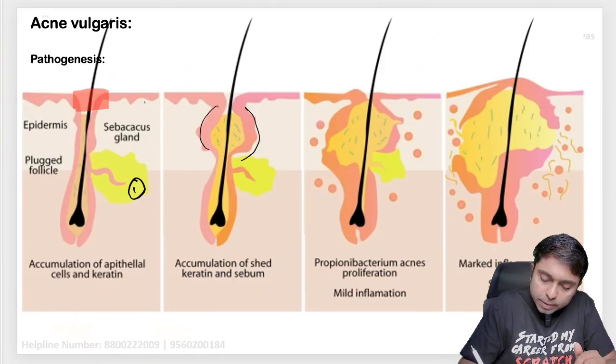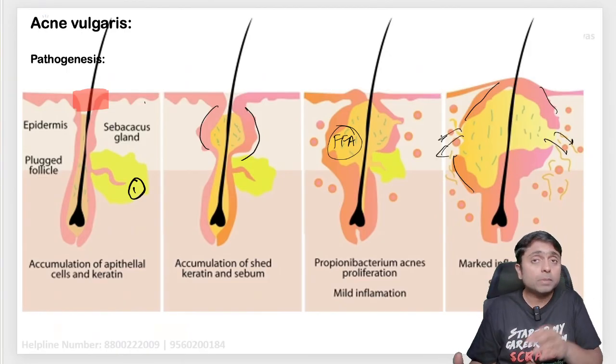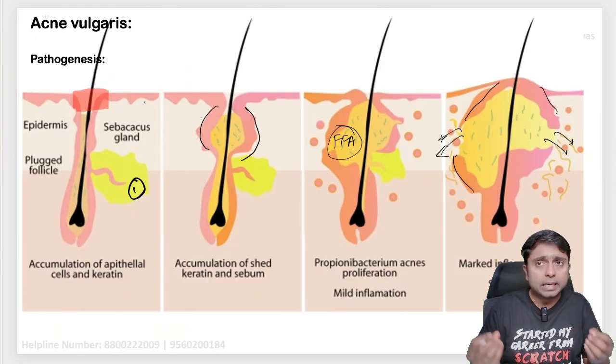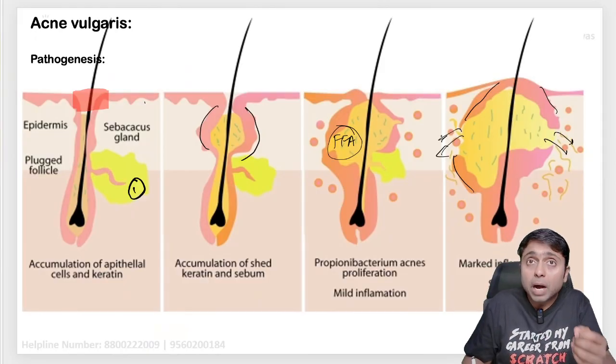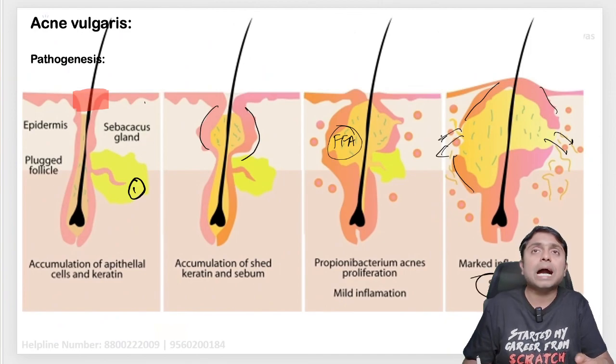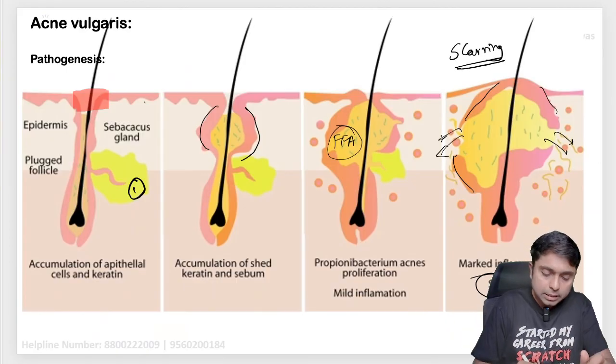Ultimately this is going to rupture, throwing out all the secretions, the sebum, keratin, and also the Cutibacterium acnes into the surrounding skin, because of which there will be marked inflammation and also scarring. Clinically we can see nodules and cystic lesions in these patients.